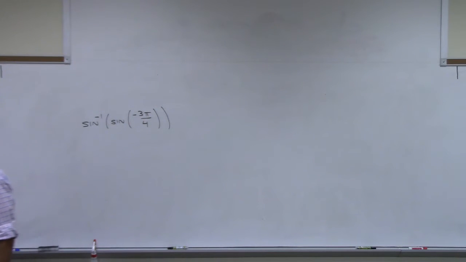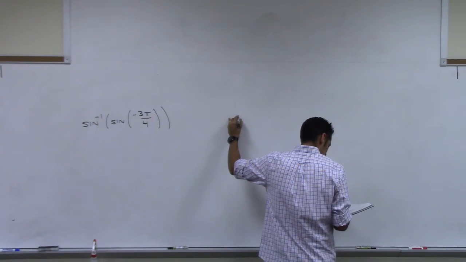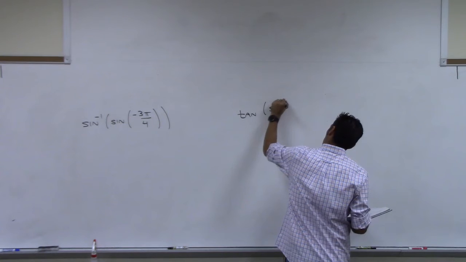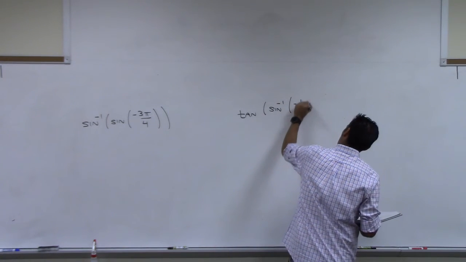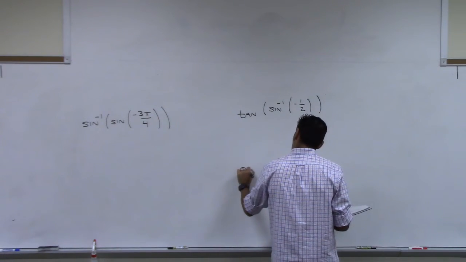Arc sine of sine of negative 3 pi over 4. While you're looking at that, you have to be able to recognize the difference between something like that and something like this, and then something like this.